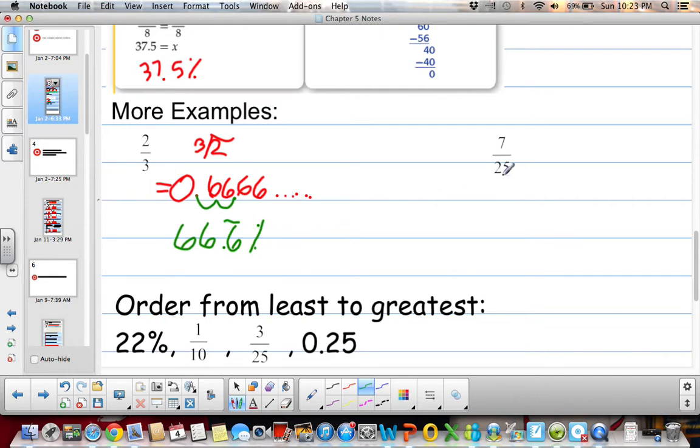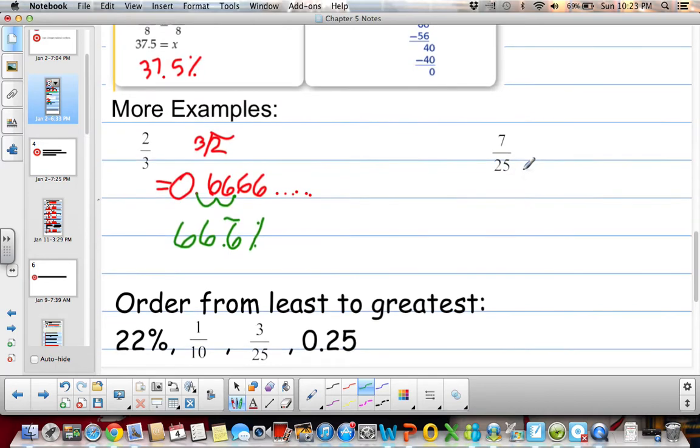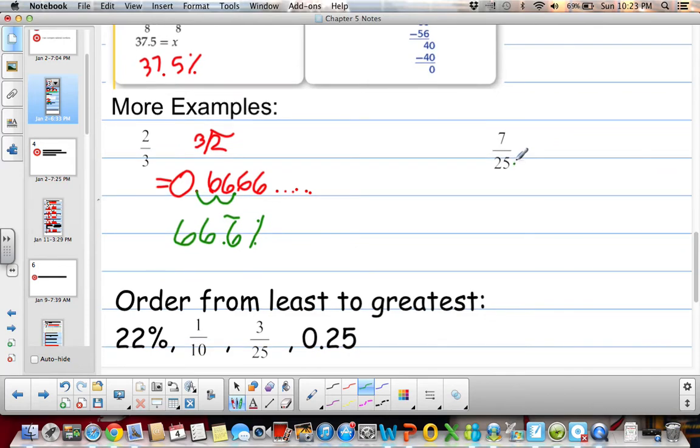Okay, 7/25. We could do this one a couple different ways. We know that 25 times 4 equals 100, and 7 times 4, or we do the same to our numerator and denominator, so then we are left with 28 hundredths. And we know that 28 hundredths equals 28% because it is already out of 100.